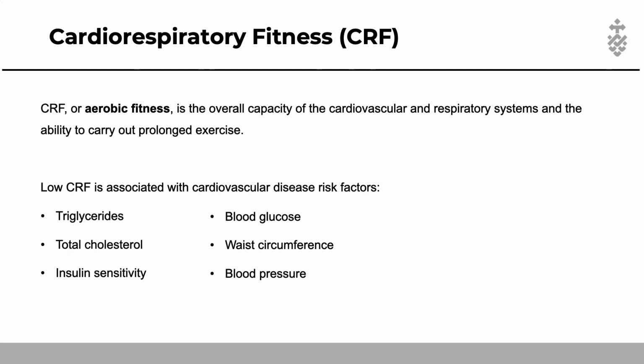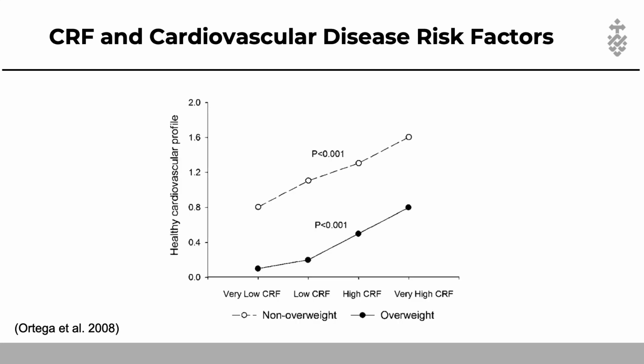However, there's some good evidence now to indicate that the precursors to cardiovascular disease actually have their origin in childhood and adolescence. So cardiovascular disease risk factors, such as those we've just mentioned, have been shown to actually track into adulthood.